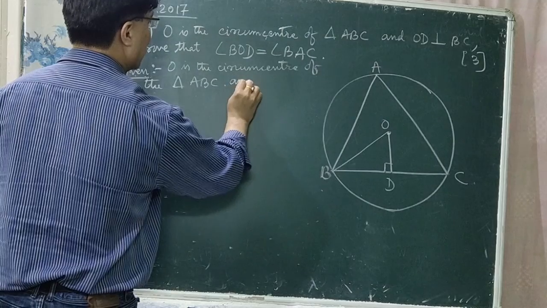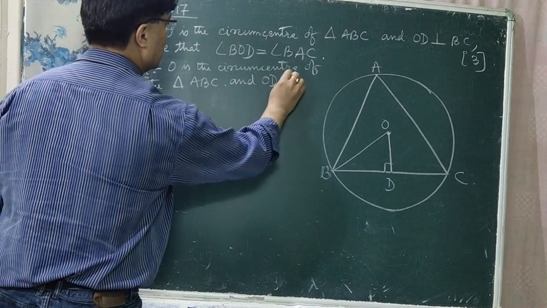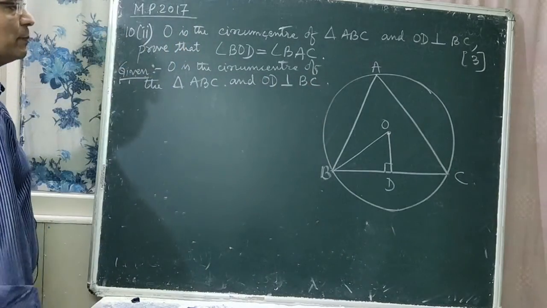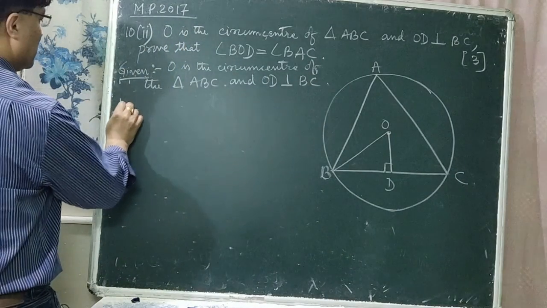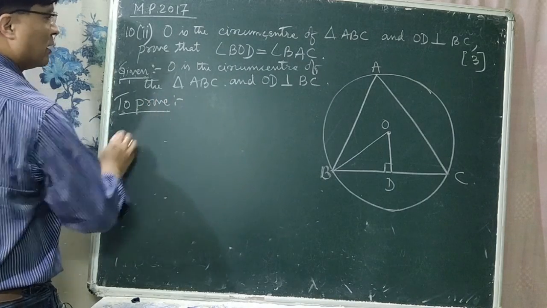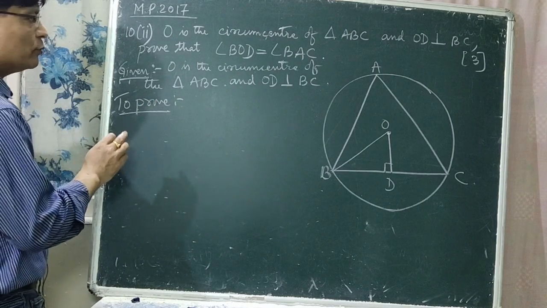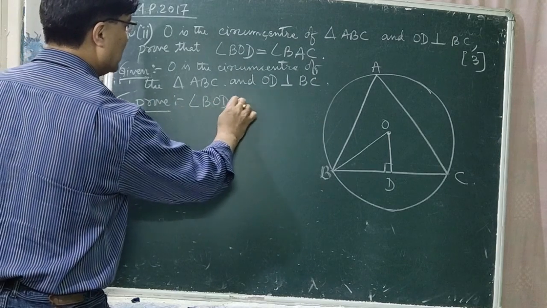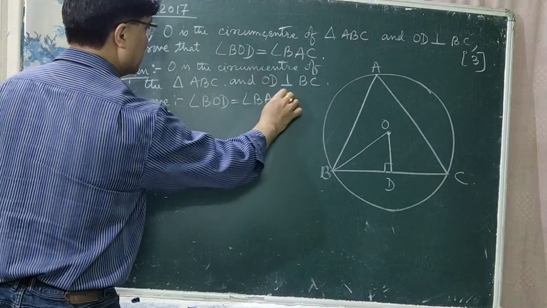And also it is given that OD is perpendicular to BC, right? To prove, what is to be proved out here? You have to prove angle BOD is equal to angle BAC.